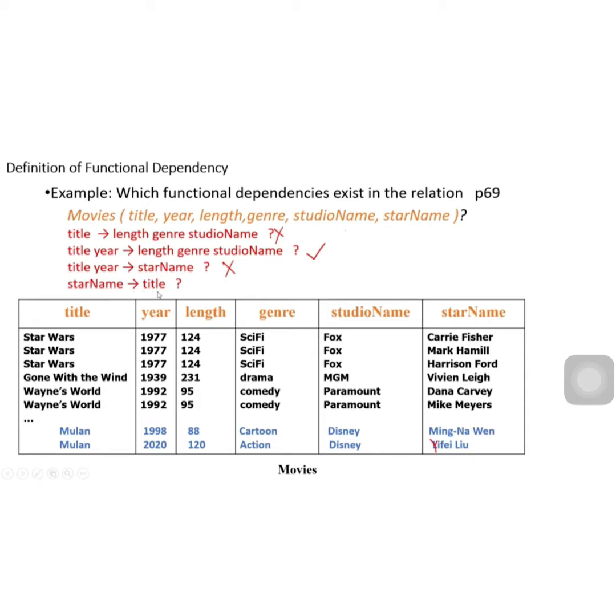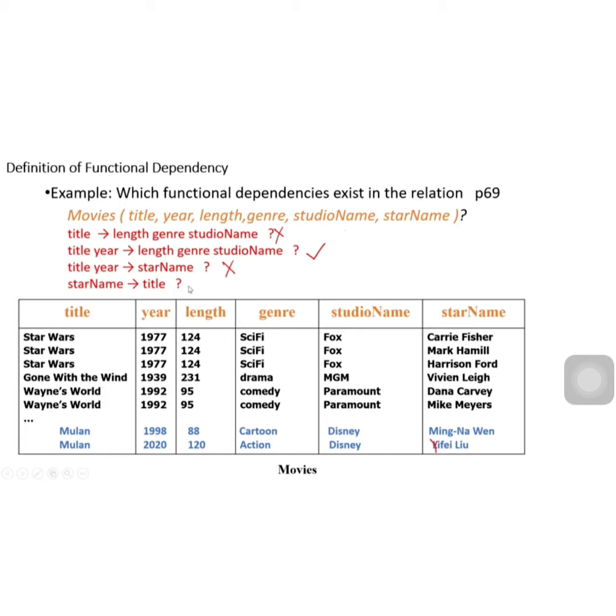Okay. Does star name functionally determine title hold? Based on this sample, we cannot find any tuples with the same value on star name. Based on this example, can we say star name functionally determines title?